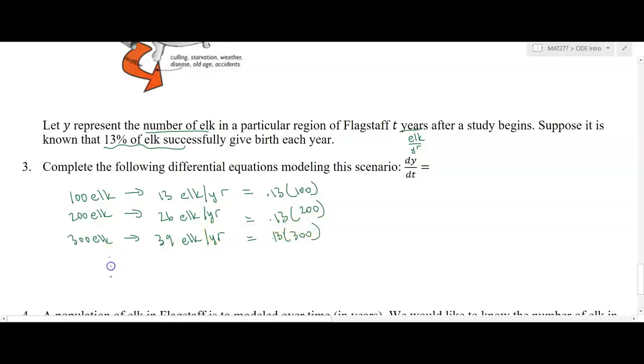And in general, I like to do this in general thing. If there were y elk, because y is the variable that tells us how many elk there are, then I would have 0.13y elk per year as an instantaneous rate of change. So it's always 13% of whatever our population size is.